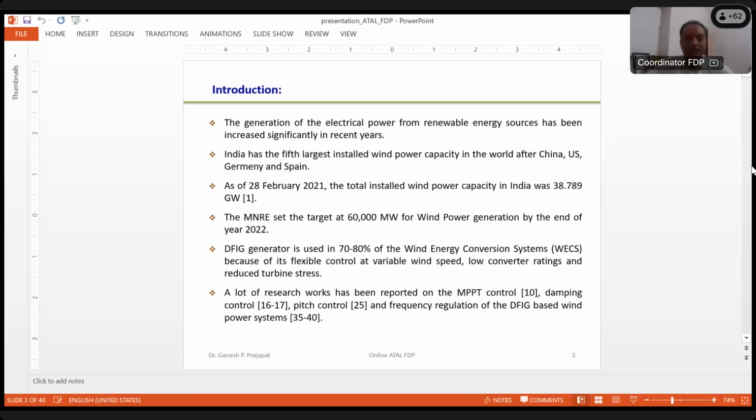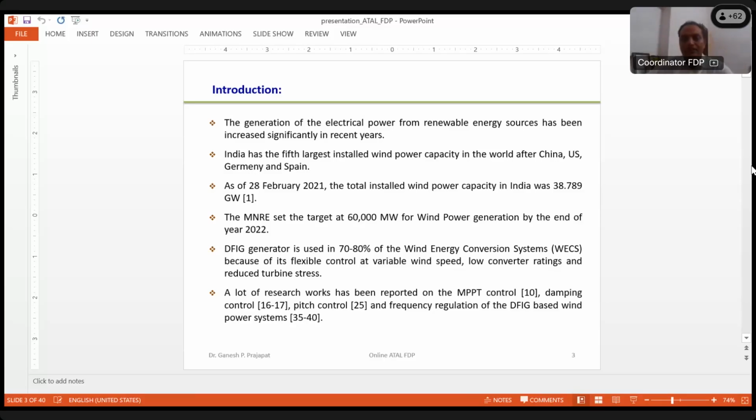Most of the rated wind power generating plants have these generators, while for small scale wind based generation, the PMSG, permanent magnet synchronous generators, are mainly used.